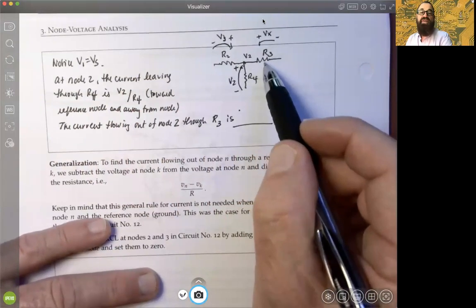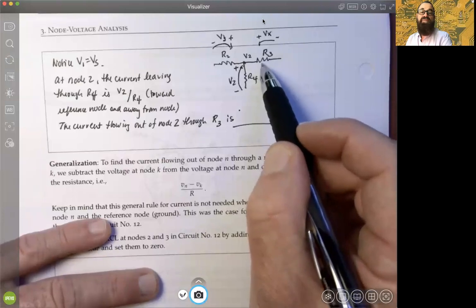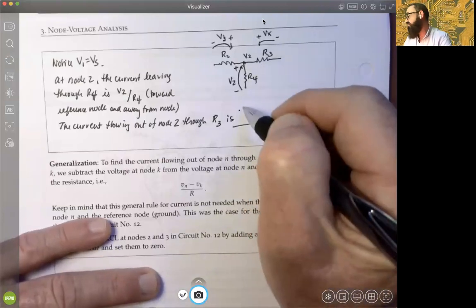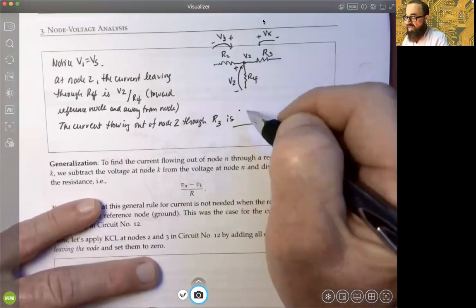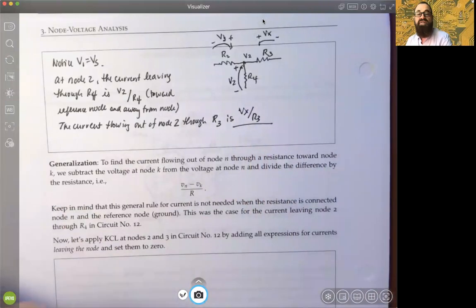Then in this case we know directly that it should be Vx divided by R3. If we know that that's the voltage across that resistance, then we already know by Ohm's law that has to be the current, Vx divided by R3. Okay, that's just what we used to do before, right?